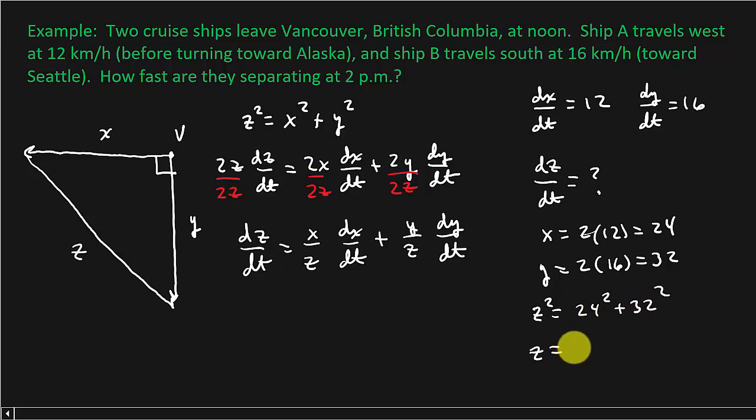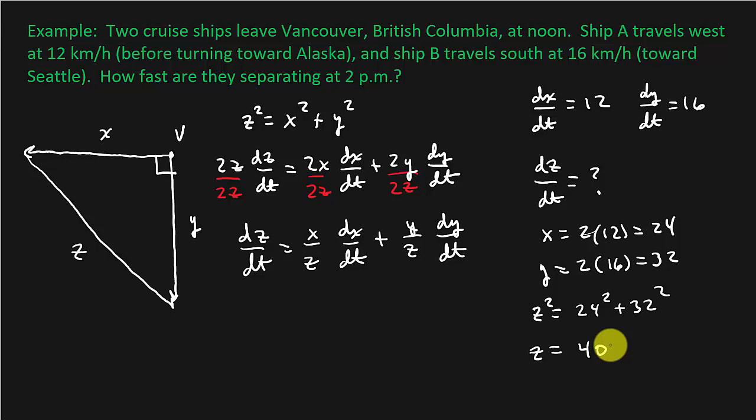And so z is just the square root of that, which is 40 kilometers. Let me type it in: 24 squared plus 32 squared. Yeah, it's 40 exactly. There's no decimal. I didn't know if the book rounded it or not, but anyway.